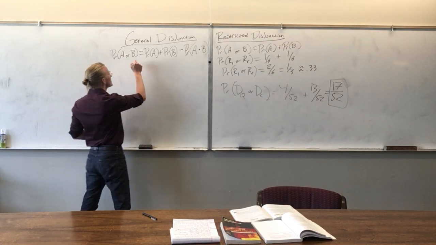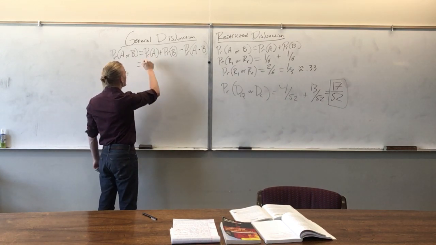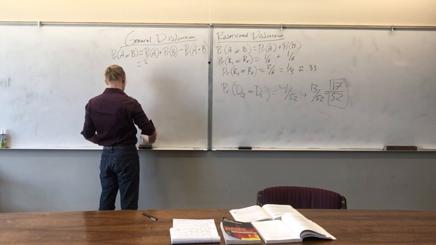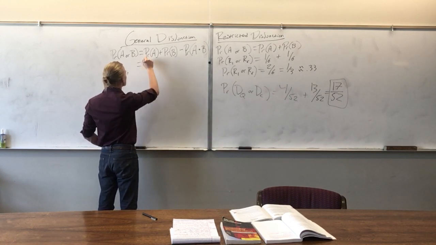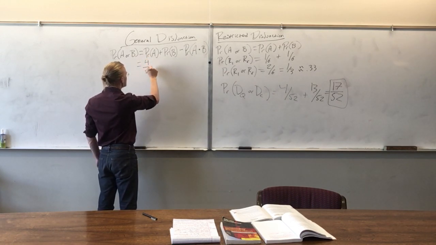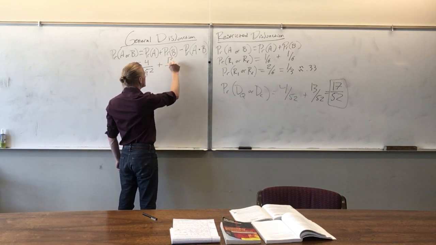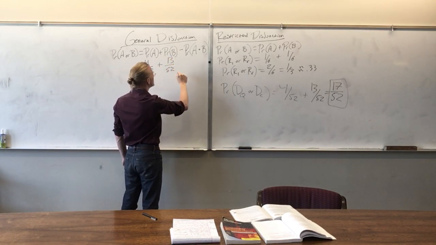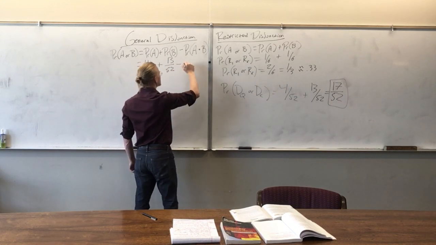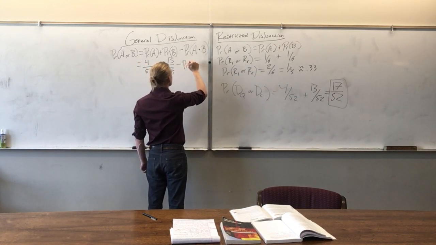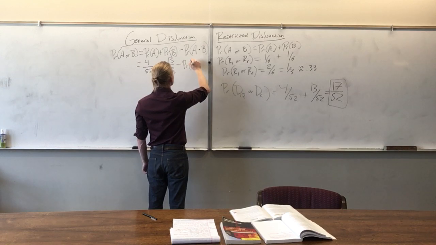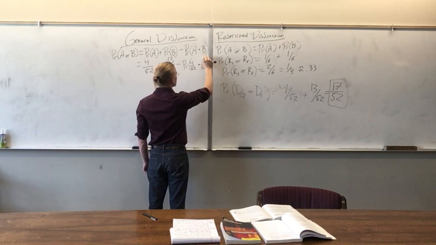Well, the probability of drawing a queen, as we said, was 4 over 52. And the probability of drawing a club is 13 over 52. And then we're going to subtract the probability of 4 over 52 times 13 over 52.